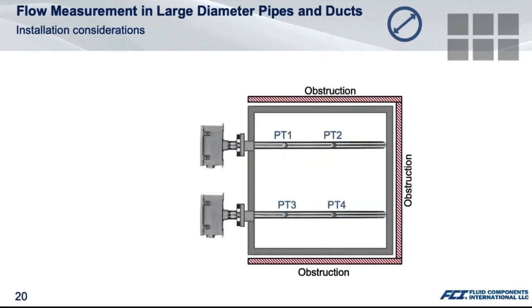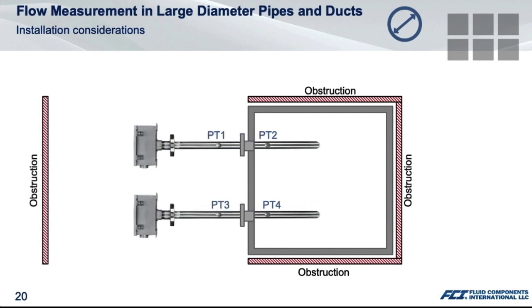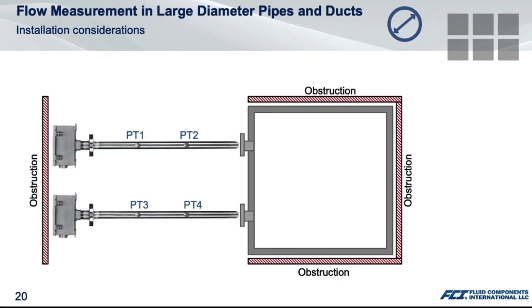Next to the accessibility around the duct, you also should make sure that there is sufficient clearance available to insert the insertion type device, such as the insertion thermal mass flow meter. As shown on this illustration, by retracting or installing the flow elements, you also should consider that there can be an obstruction in front of the process connection.